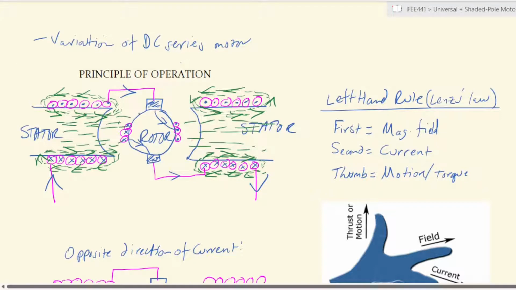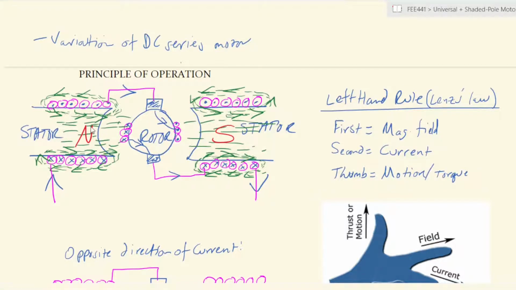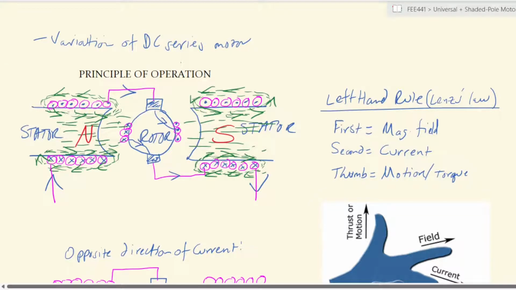We have set up a north pole on that side and a south pole on the right-hand side. Okay, north to south, and the direction of the magnetic field is that way. Okay, right? And so this magnetic field will pass through the rotor.